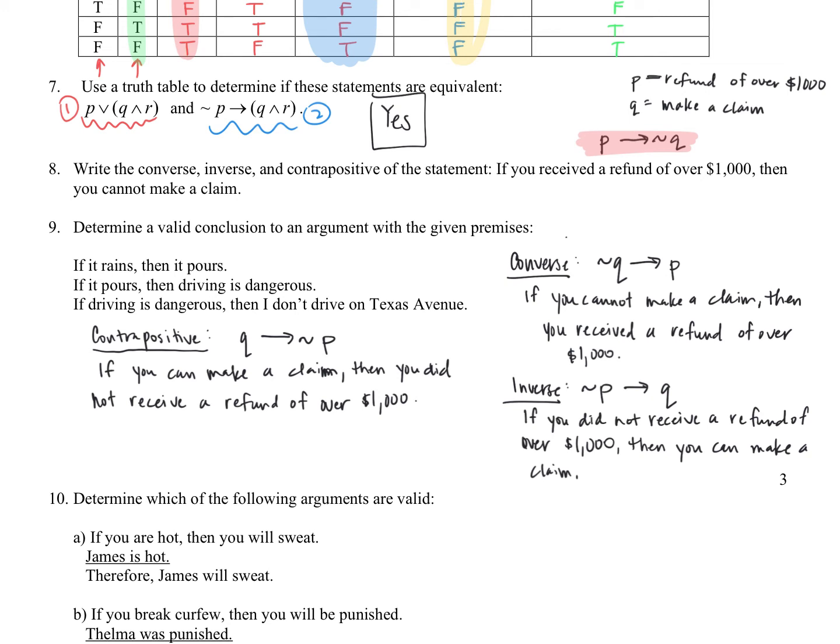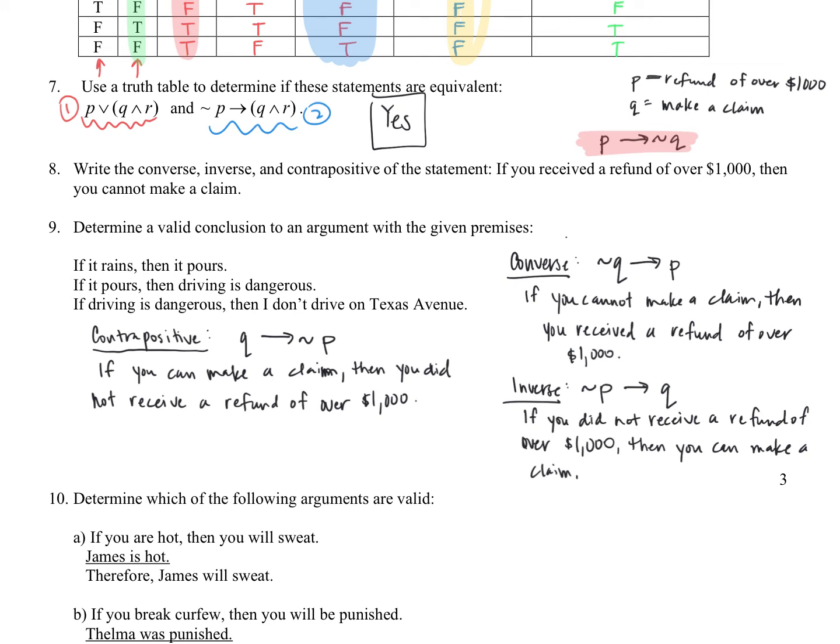All right, so make sure you remember converse is changing the order only. Inverse is changing the truth values only. And contrapositive is changing both the order and the truth values.